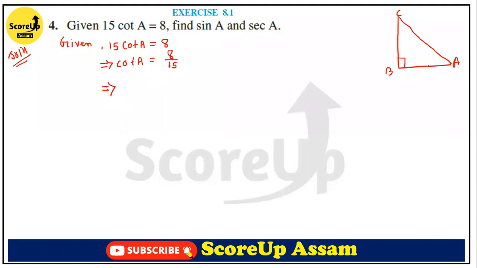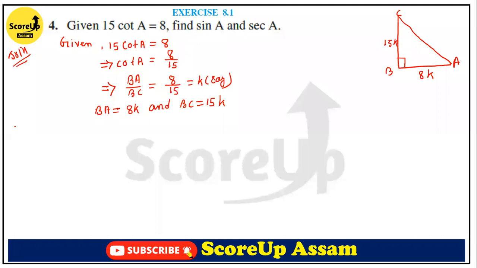AB is our base and perpendicular is BC. So BA by BC is equal to 8 by 15, and suppose it is equal to K. So BA is equal to 8K and BC is equal to 15K.